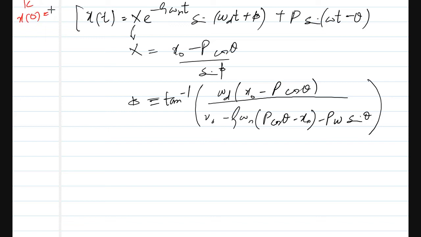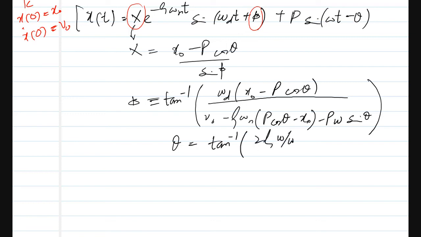If you solve this equation using the two initial conditions, x of 0 equals x naught and x dot of 0 equals v naught, by the same method as we used in free vibrations, you can find X and phi, because there are only two unknowns. And remember, theta is the same as we derived in the modeling, that is tan inverse of 2 zeta omega by omega n divided by 1 minus omega squared over omega n squared.